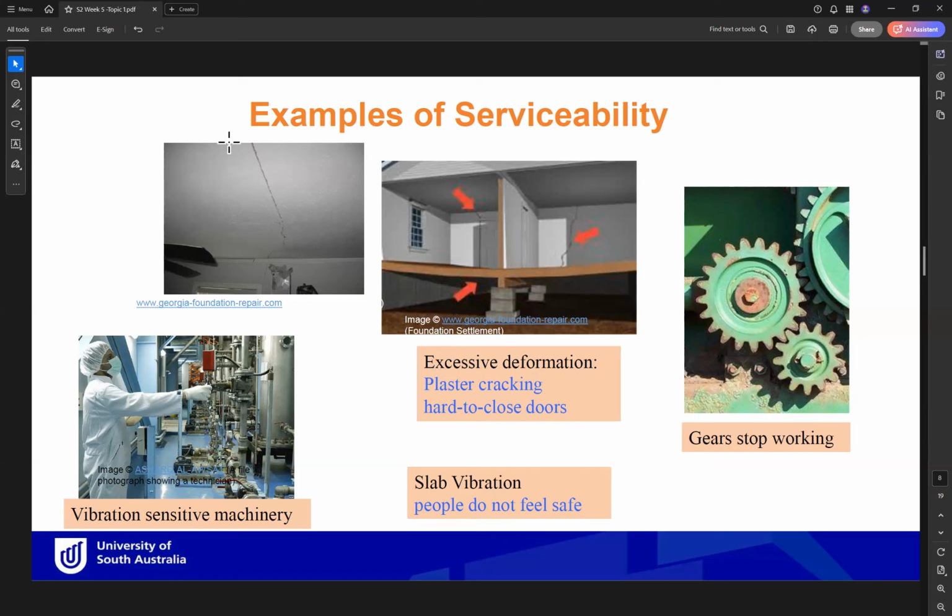You can see the roof plaster is cracked, and it can also cause problems in closing doors and so on. So we need to avoid these deformations. Also, if we have vibration in the slab due to the machinery, the people will feel unsafe under this slab.